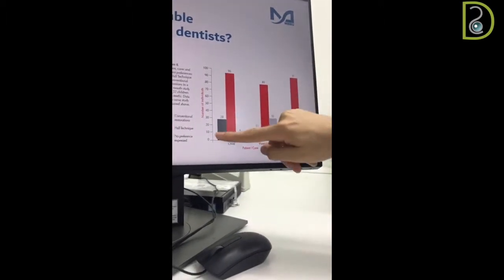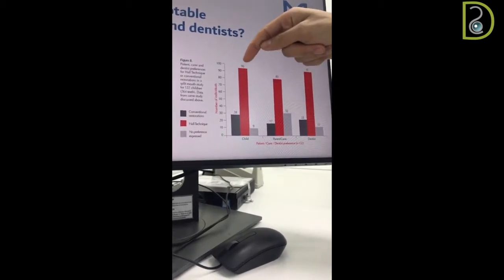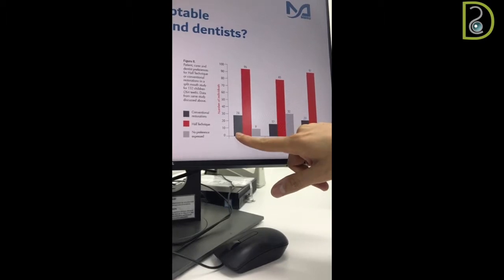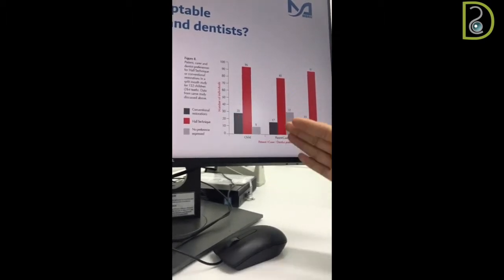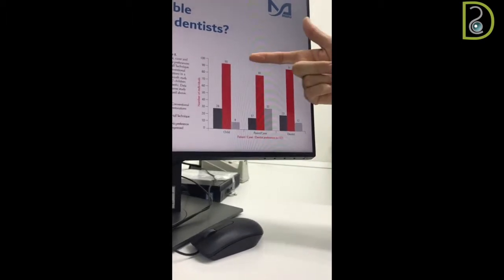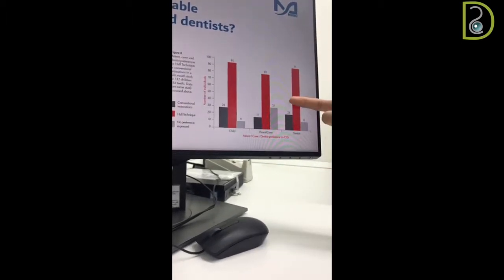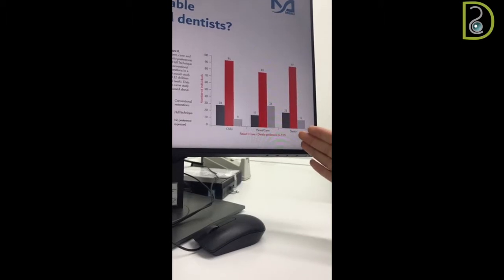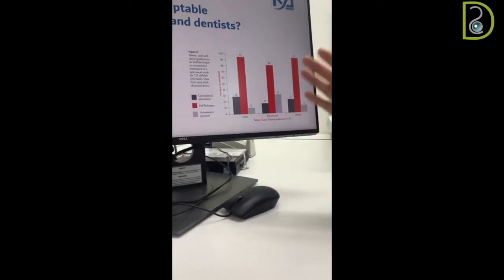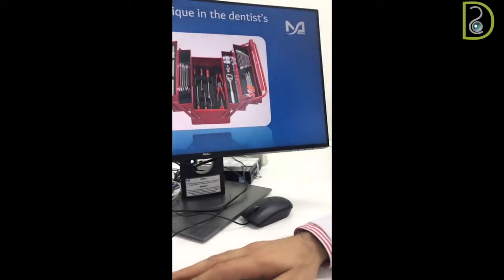As you can see, children really accepted having a whole crown instead of the conventional treatment with caries removal and local anesthesia. And the same with the parents and the same with the dentist. You can see that the statistics show it's the first choice for the dentist, parents and child, and they highly accept it and are satisfied with the whole crown.